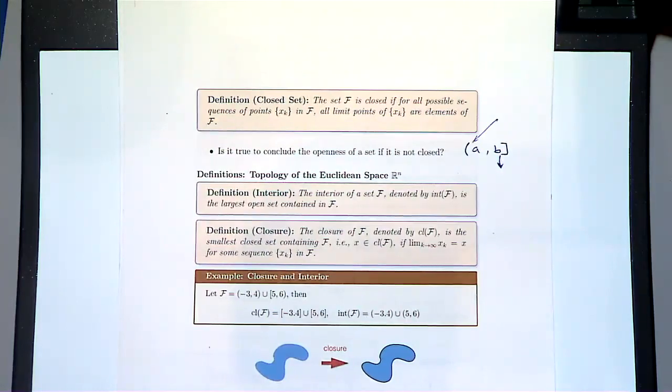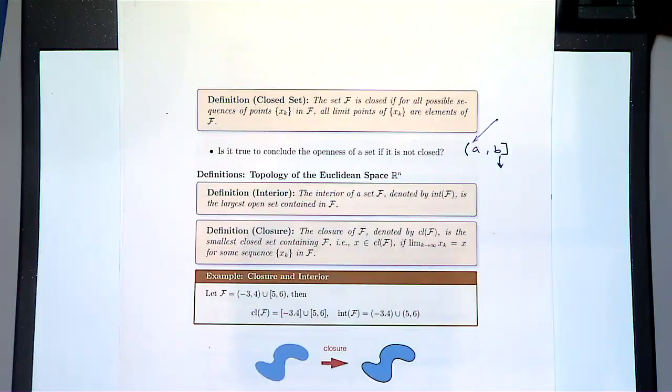Then I can construct interior and closure. Again, they have precise definitions. The interior of a set is the largest open set inside F. And the closure is the smallest closed set that contains F. You can think of them as, terrible use of words, inner approximation and outer approximation of the set F. We blow it up as much as we can, as long as it remains closed, that's the closure.